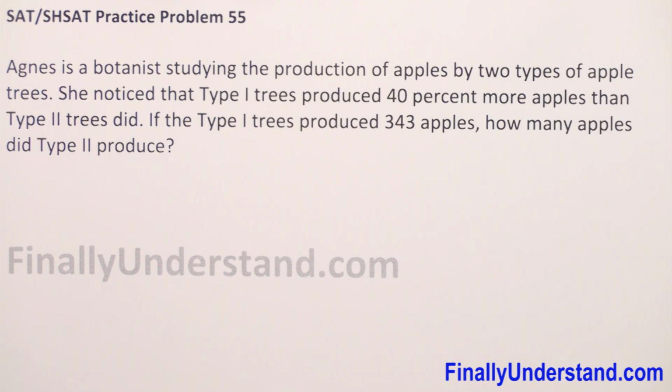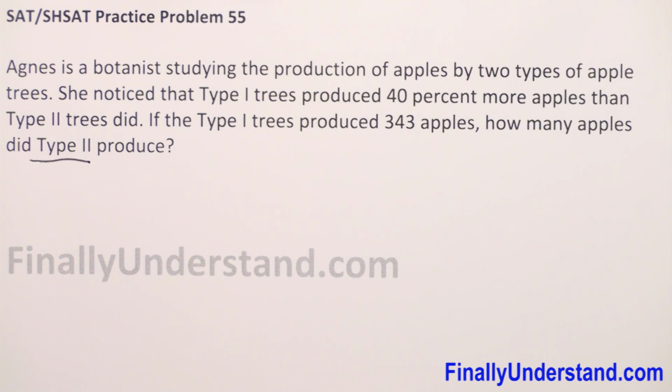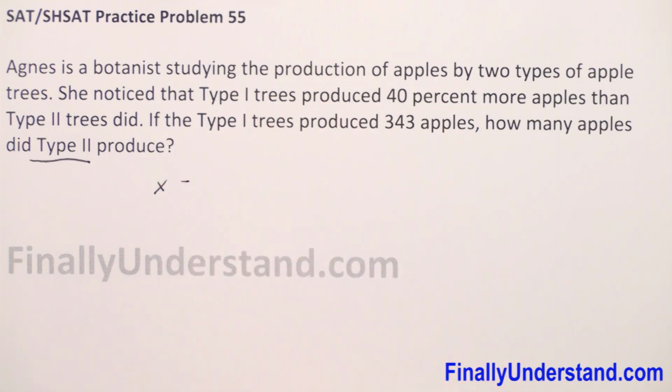So we need to find how many apples were produced by type 2 trees. Let's say that X is the number of apples produced by type 2.